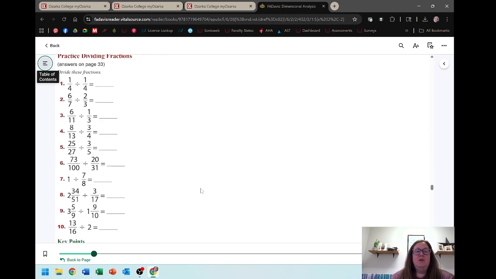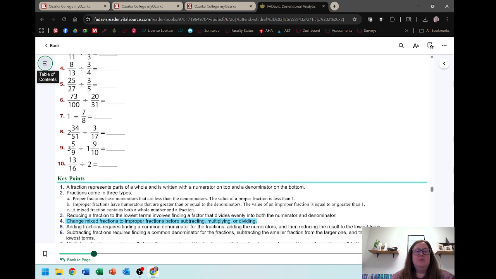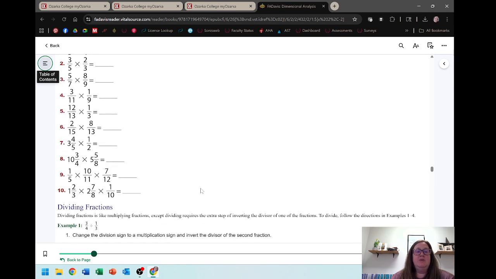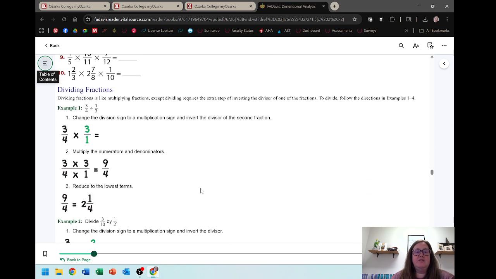So if you continue on with this section, we learn how to divide fractions. Sorry for the scrolling. Dividing fractions is like multiplying fractions, but there's one little extra step that we do. So when we divide two fractions, we're actually going to multiply by the inversion of the second fraction.